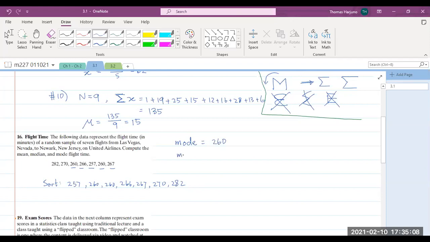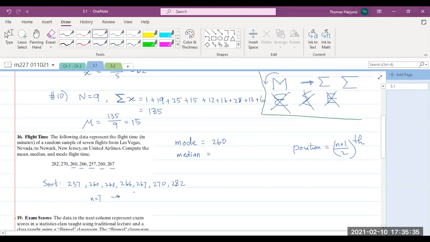Okay, how about the median? The median is the middle data. The position of the median can be found using the following formula: n plus 1 over 2. In this case, there are 7 data, so n equals 7.